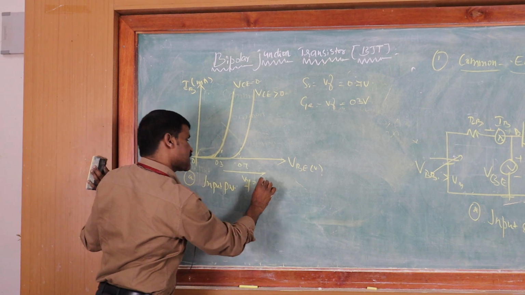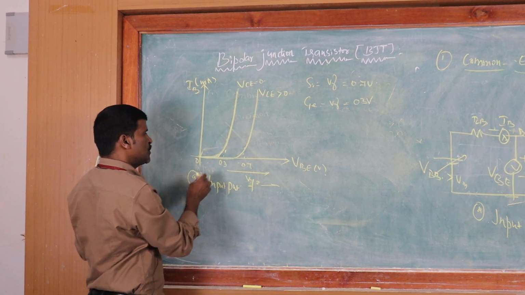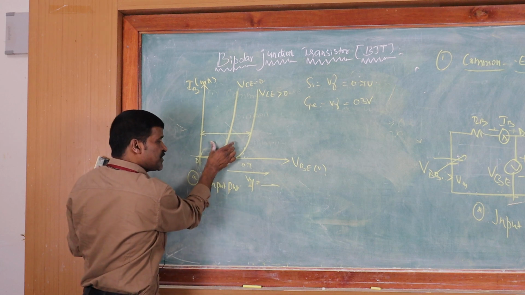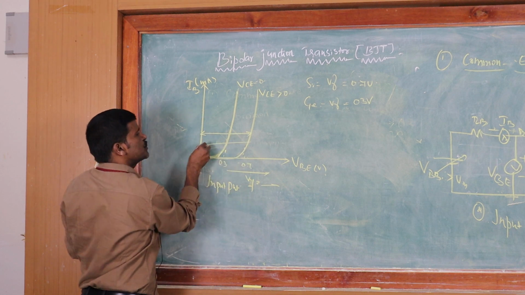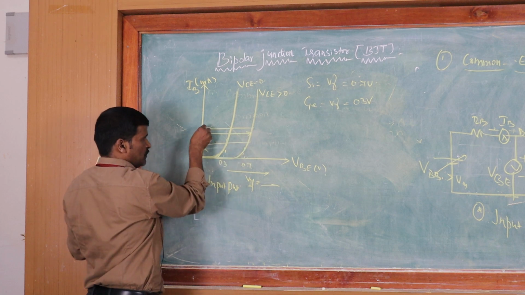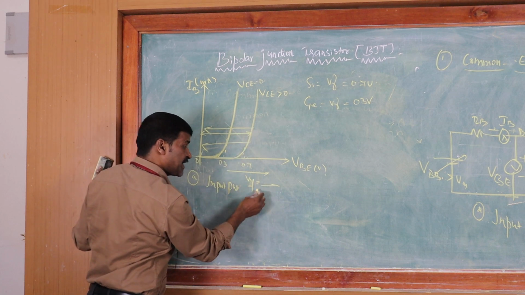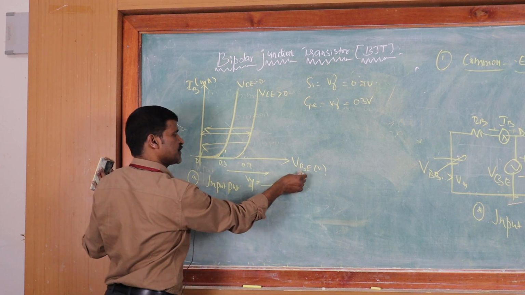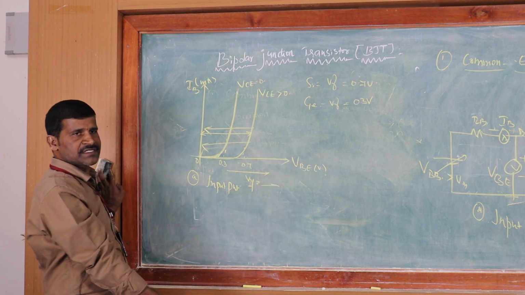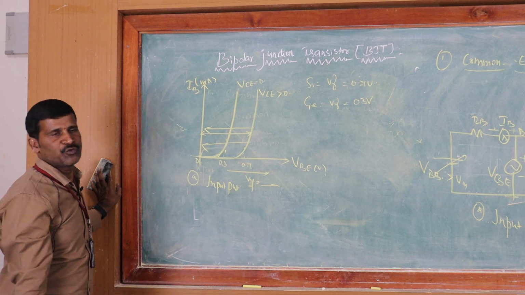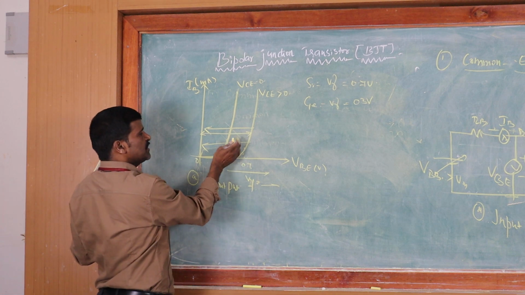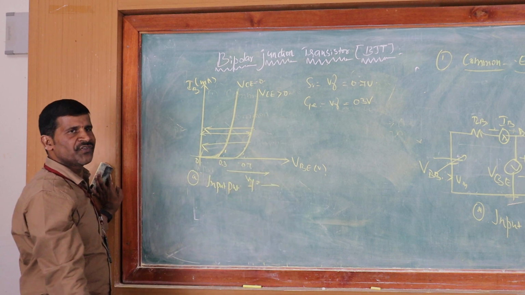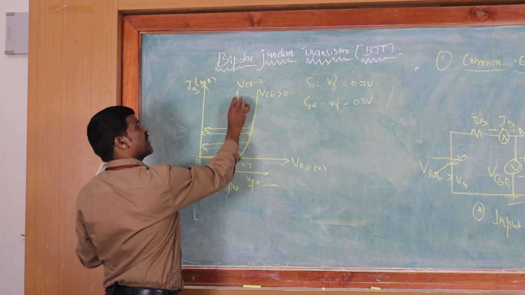As you increase the applied voltage, the space charge width, the depletion width of the forward junction, reduces towards 0. It is narrow, and the maximum allowable forward bias voltage is only 0.3 or 0.7, whereas the current is maximum.